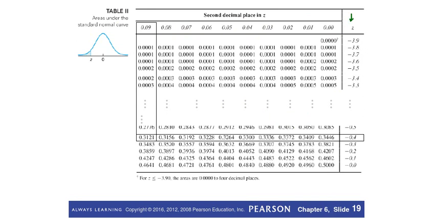Now, we ended up with a negative z-score, so that means we're picking values to the left of 0 on the number line. So we go to this part of the table. There's another part of the table where if z is positive, we're to the right. But we're on the left side, so we go to the left table, and we ask, how do we find z equals negative 0.49?